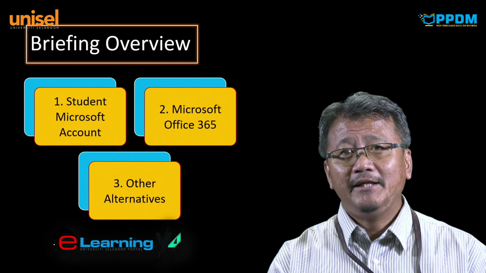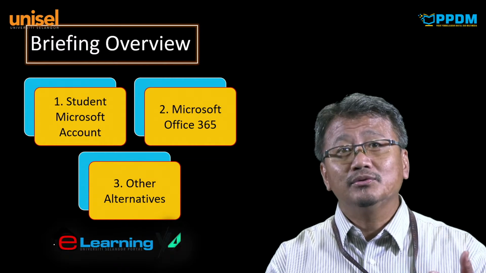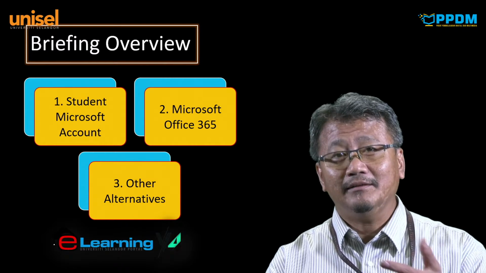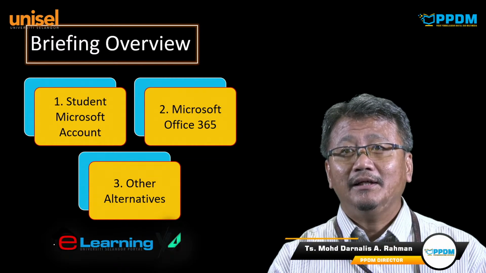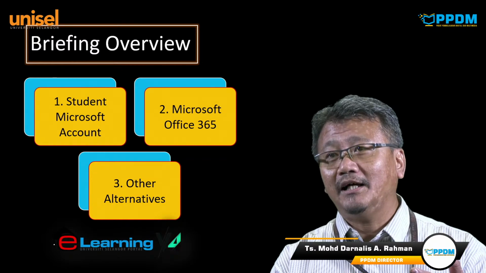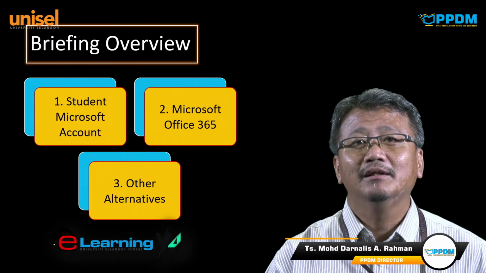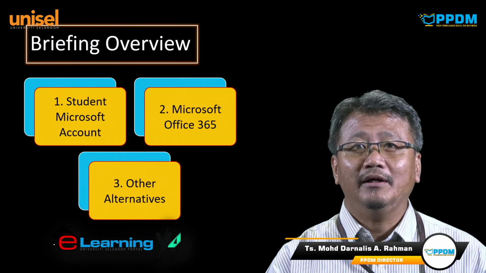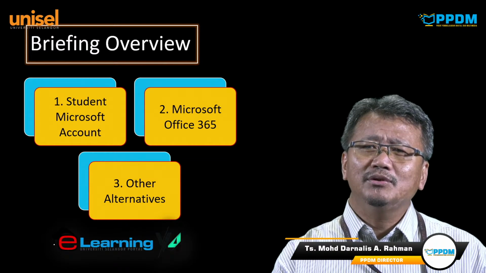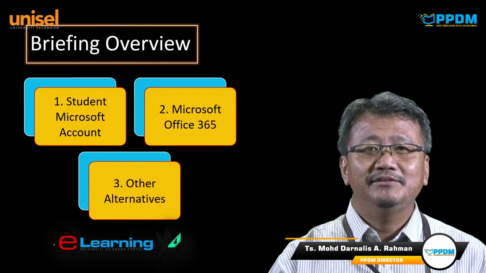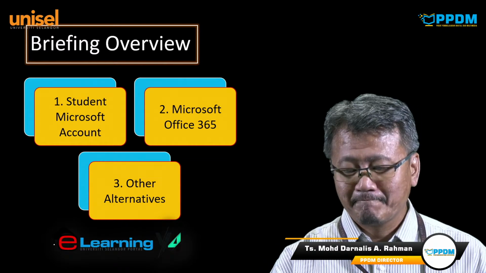And if you are a Unicell staff, you can also access the staff Microsoft account as well. Other than that, we are going to look at Microsoft Office 365, the one that Unicell offered to everyone in Unicell. And after that, we are going to look at what alternatives we have other than this.